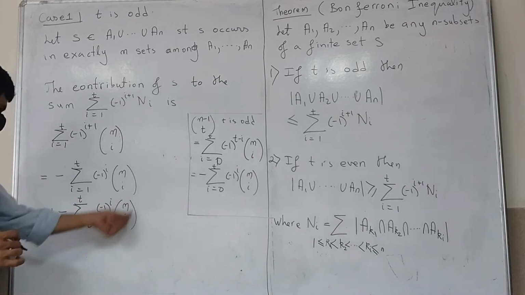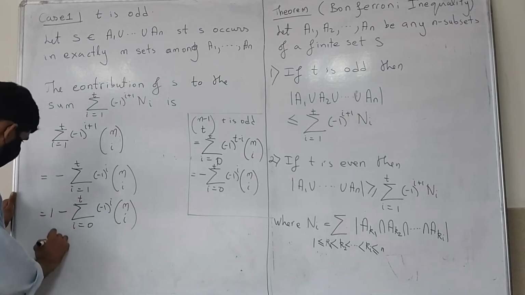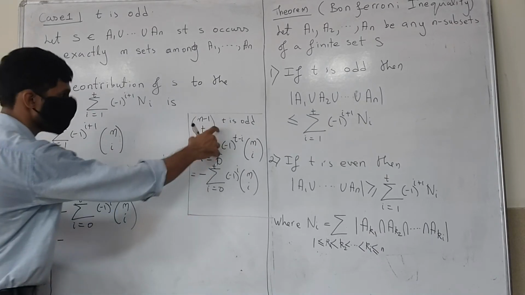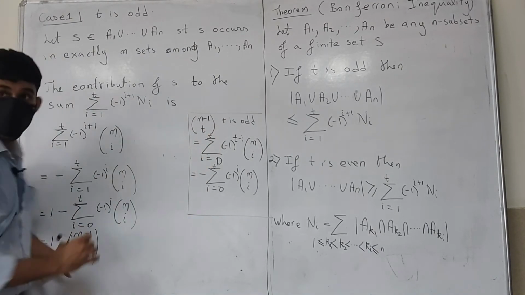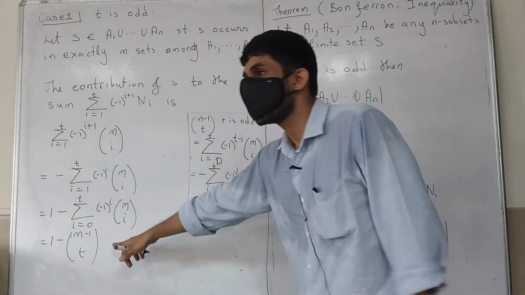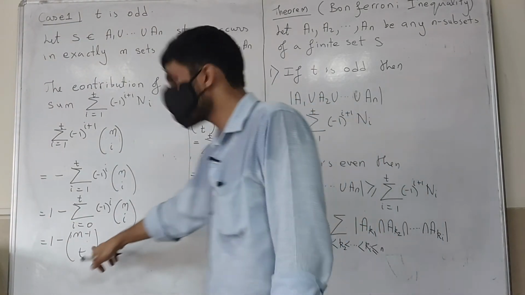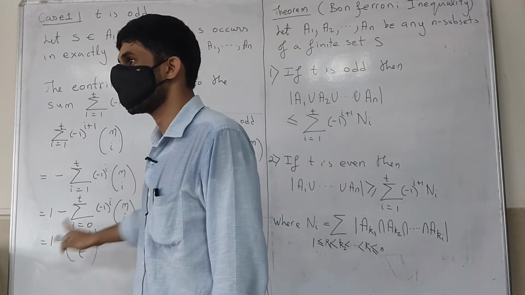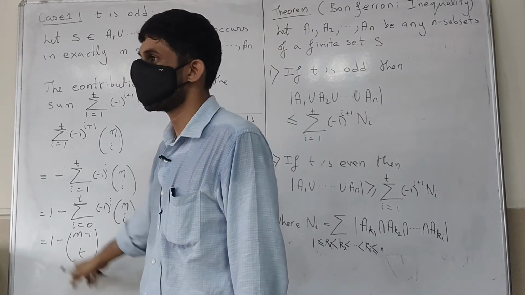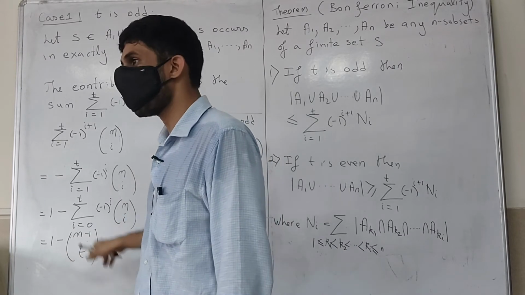And this value here, as we know, is nothing but m minus 1 c t, which is always positive.